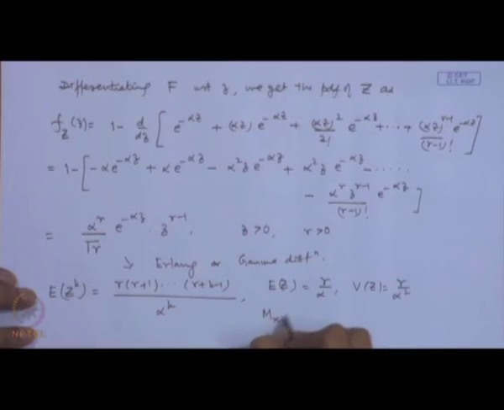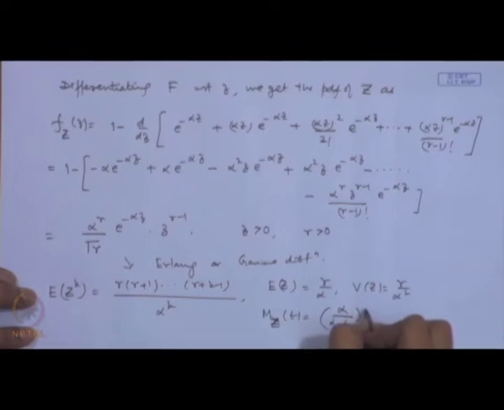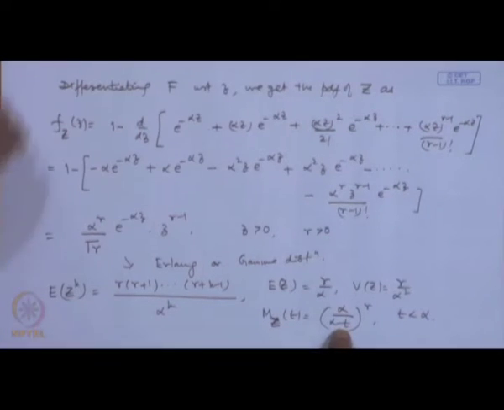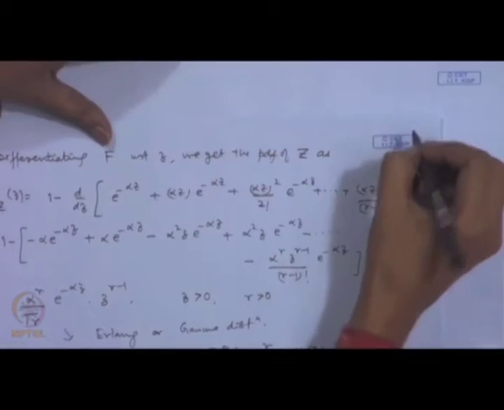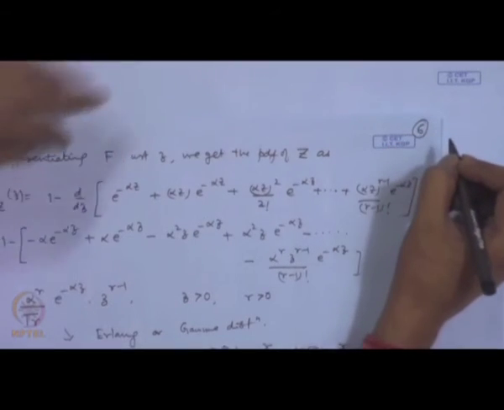The moment generating function of z will be equal to alpha by alpha minus t to the power r for t less than alpha. Notice here the moment generating function of the exponential distribution was alpha by alpha minus t, and this is power r. So, that immediately suggests that the sum of independent exponential variables will be gamma.